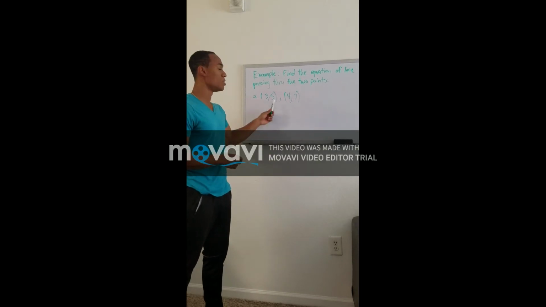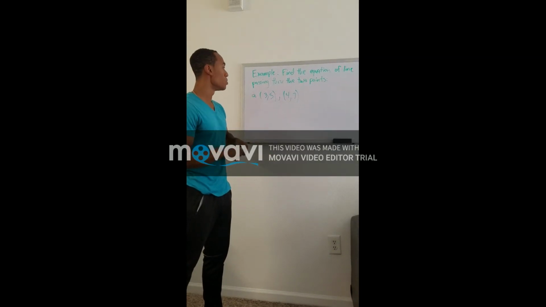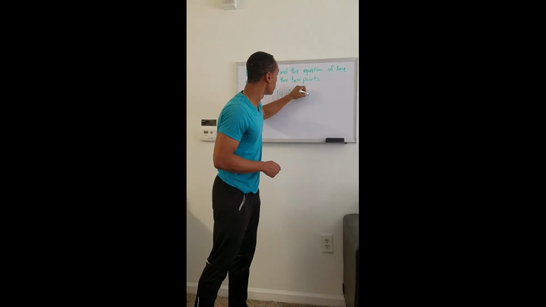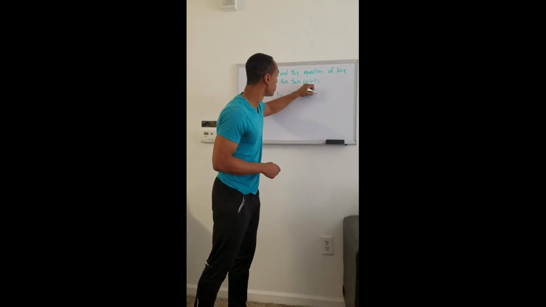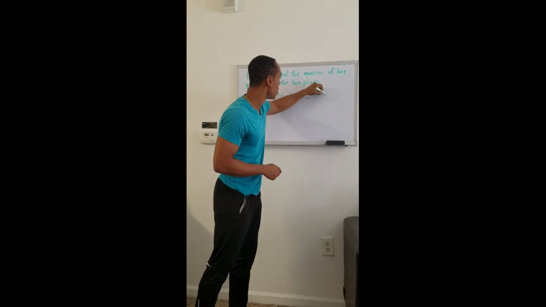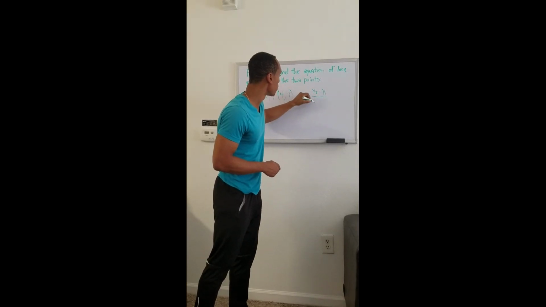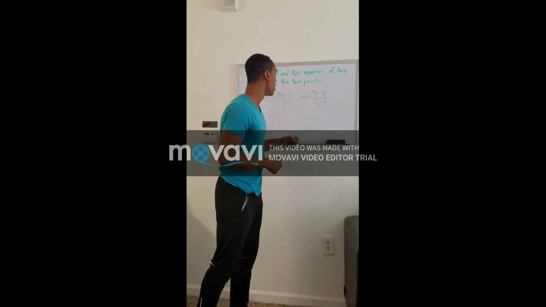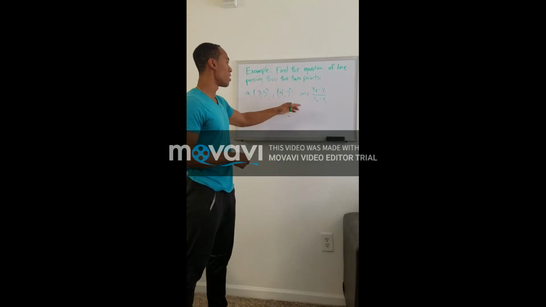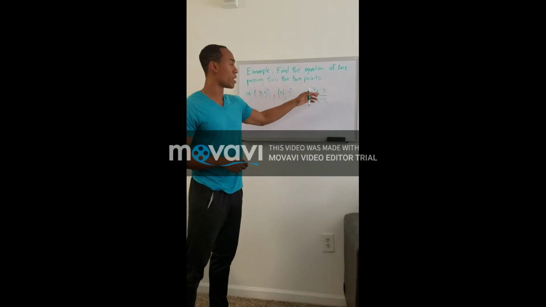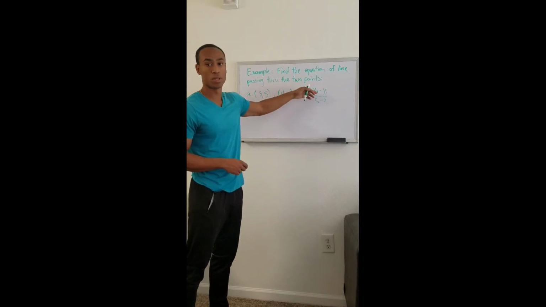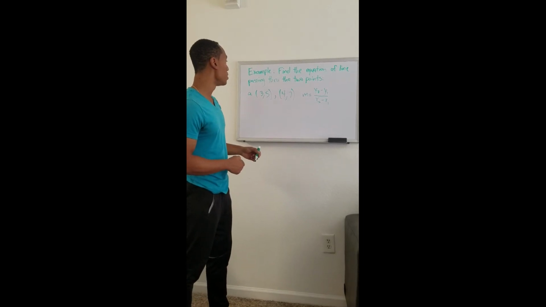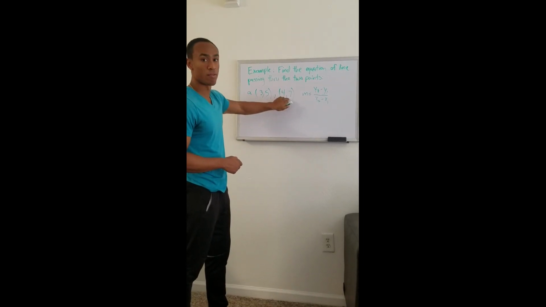Because we're given these 2 points, we can use the slope formula: m equals y2 minus y1 over x2 minus x1. And again, because we have 2 points, we have x1, y1 as one point and x2, y2 as the other point.